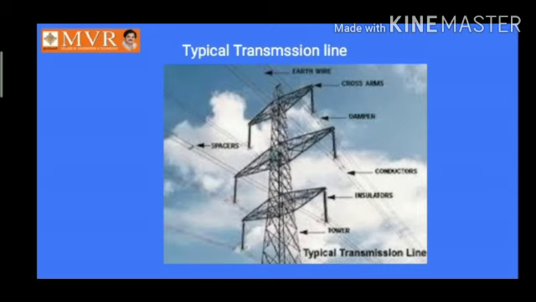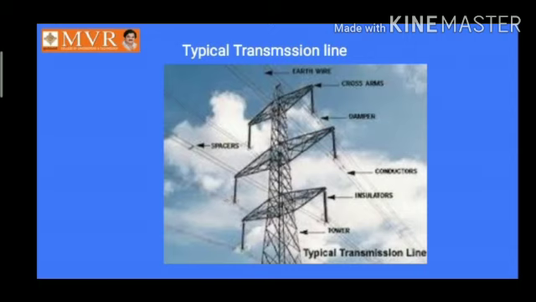If it is a single line, we will see a single conductor. If it is a double line, we will see a double conductor. For double conductors, there is extra equipment called spacers, which will divide the lines, and we will see the dampers, which will eliminate the oscillations in the system, and the earth wire, which is located at the top of the transmission line.